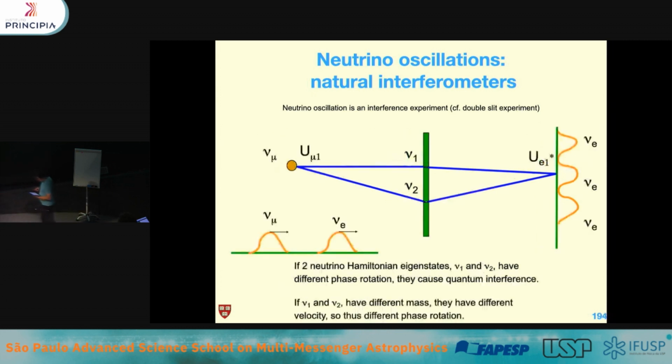The difference here is that instead of a light pattern, we're going to have flavor states, and those are going to go through two different trajectories with a relative phase. And a relative phase, instead of making a pattern in light, makes a pattern in flavor. That's an analogous phenomenon.